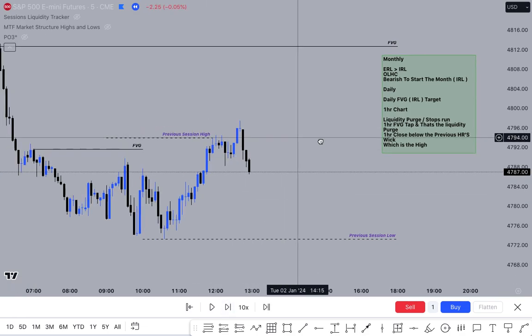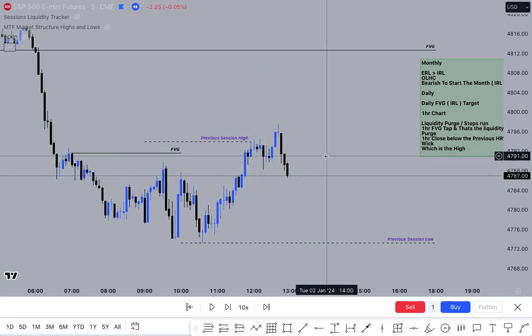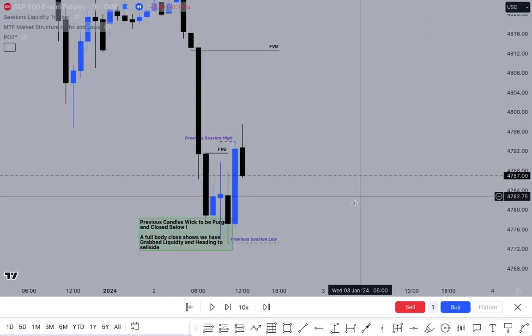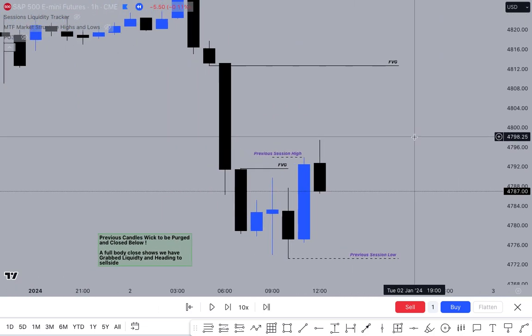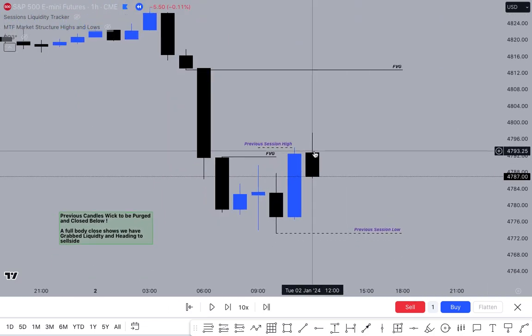So you've seen, okay, we've purged the previous session's high here, and we've closed below the New York AM session high, which is the 1 hour candle's high here. We closed below that. So if I show you the 1 hour chart now, okay, you can see nice and clearly this is the end of the candle. Okay, this is the previous hour's candle wick. We've closed below. We've purged it and closed below.